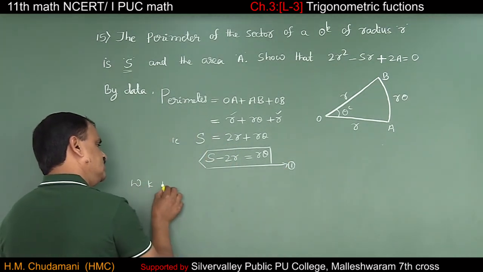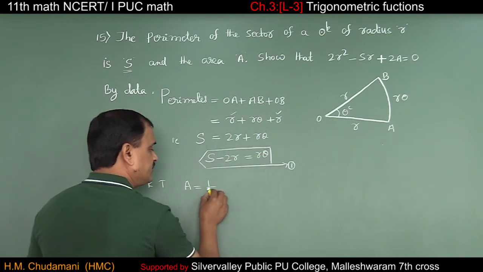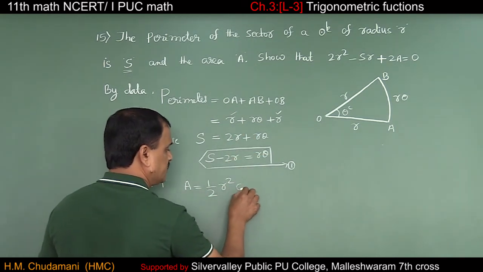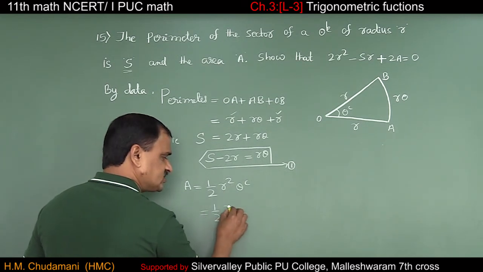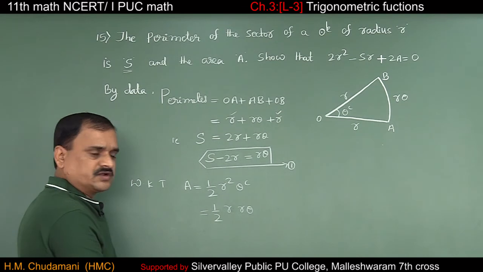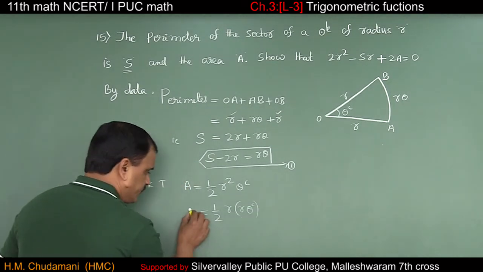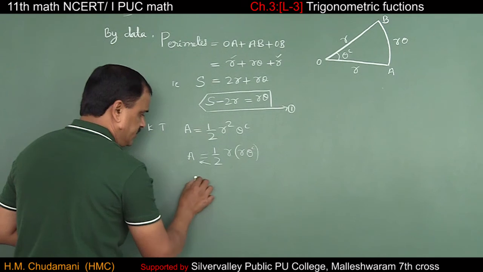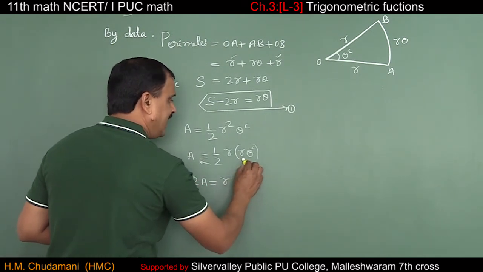We know that the area of a sector OAB is half R square theta radian. We can write R square as R into R theta. Cross multiply: 2A is equal to R into R theta.